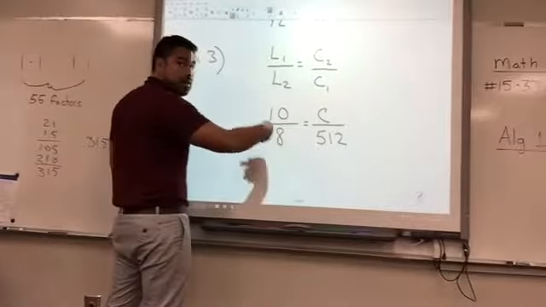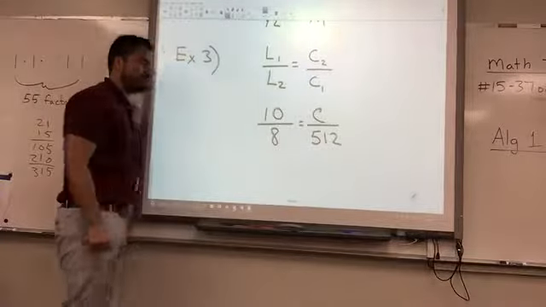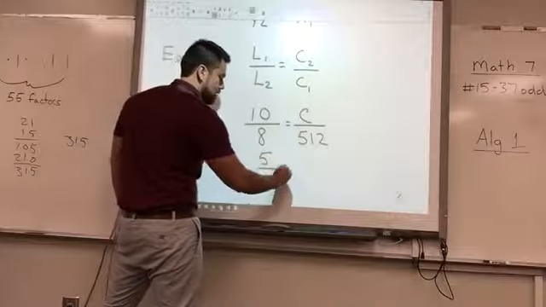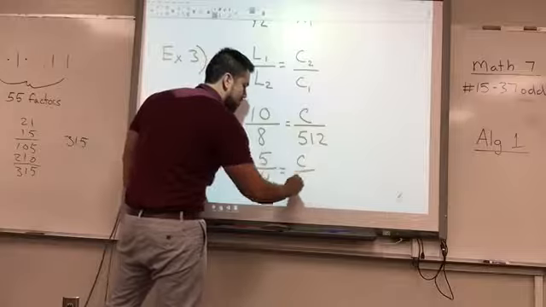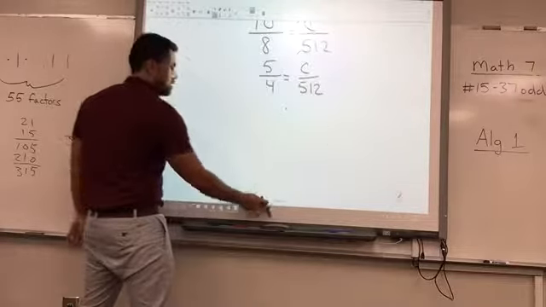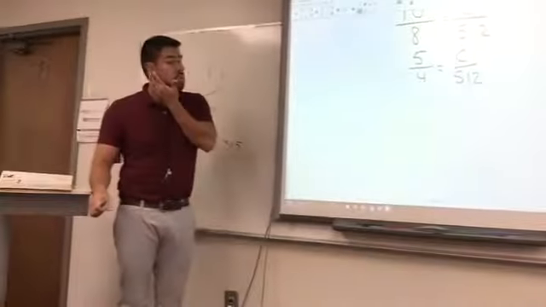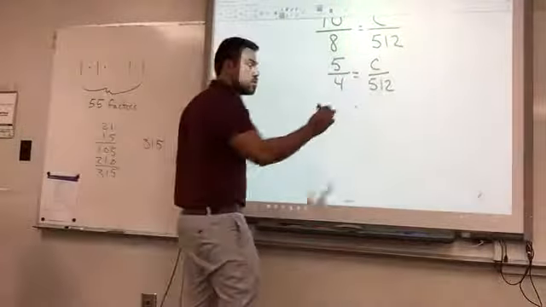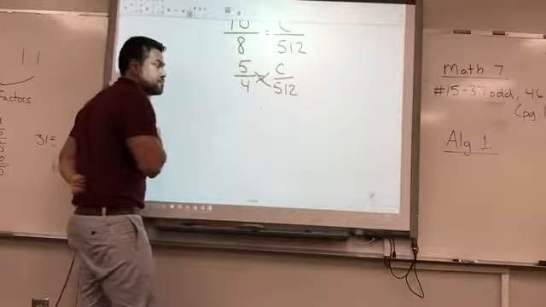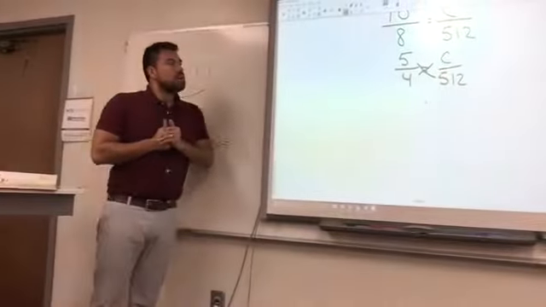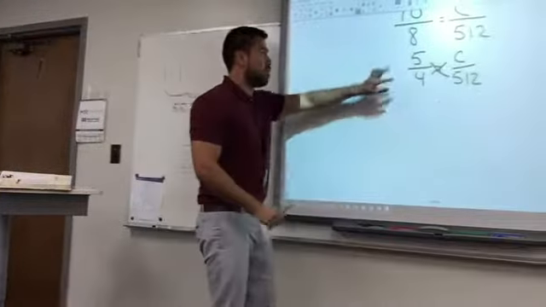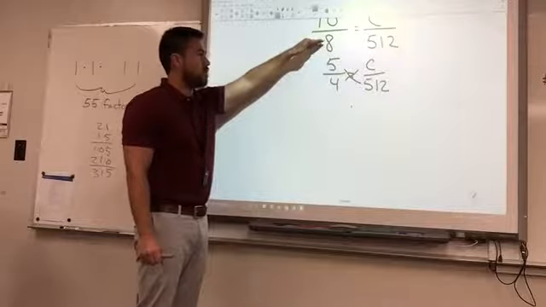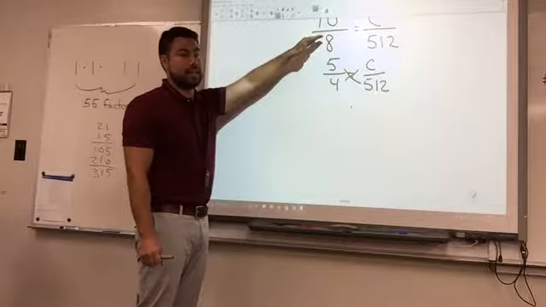What can happen here to make life easier for you? Can you do 5/4 equals C over 512? If you divide 10 and 8 by 2, you're actually dividing the fraction by 1, which is cool.